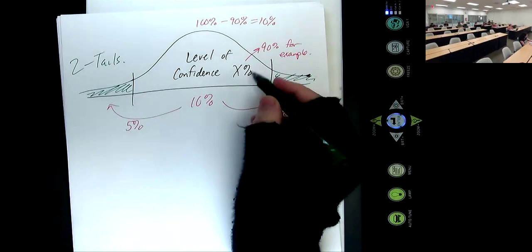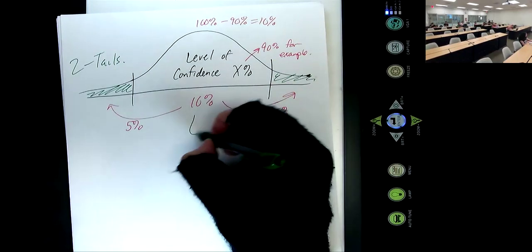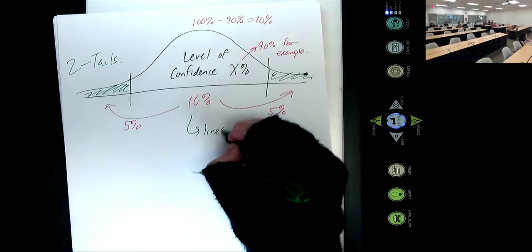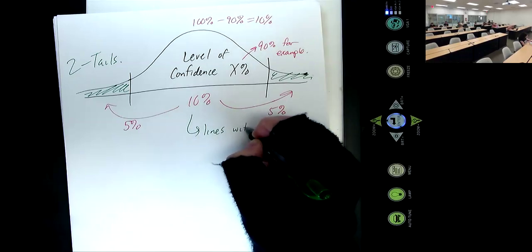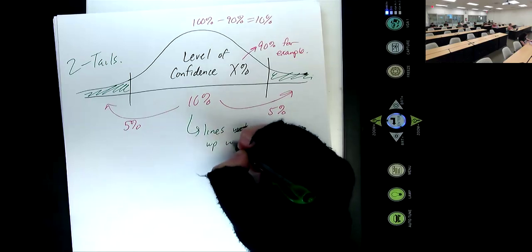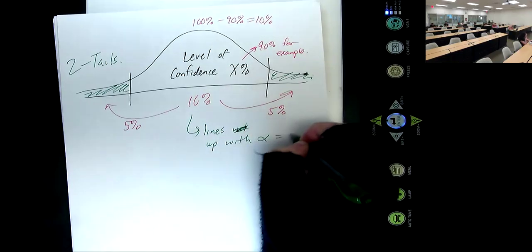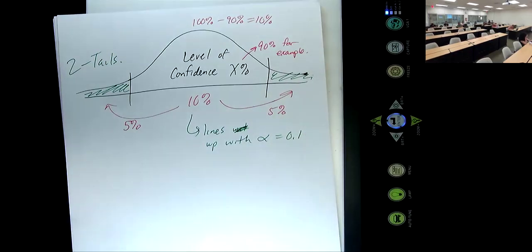And so this value lines up with alpha. So alpha is going to be 0.1, 10% as a decimal.